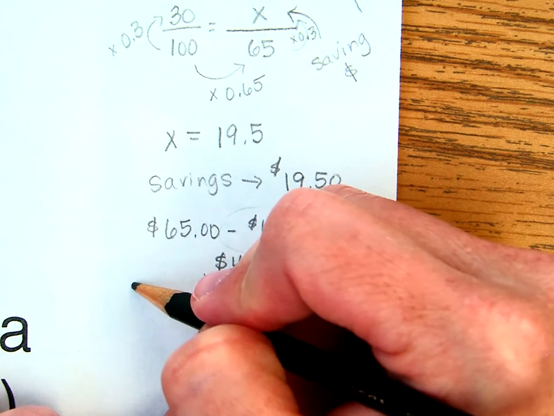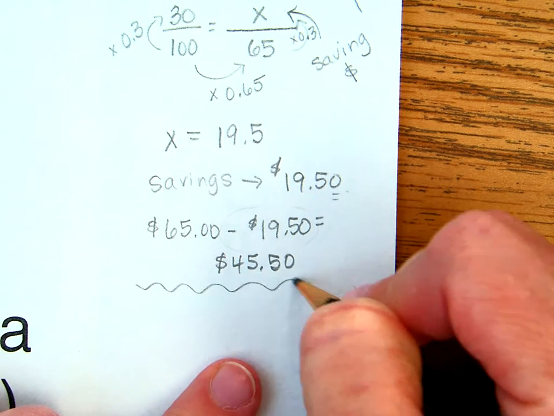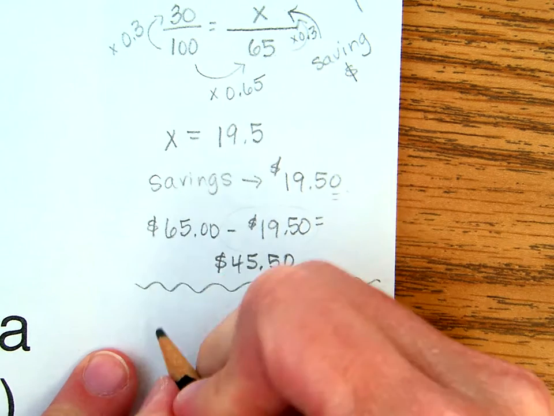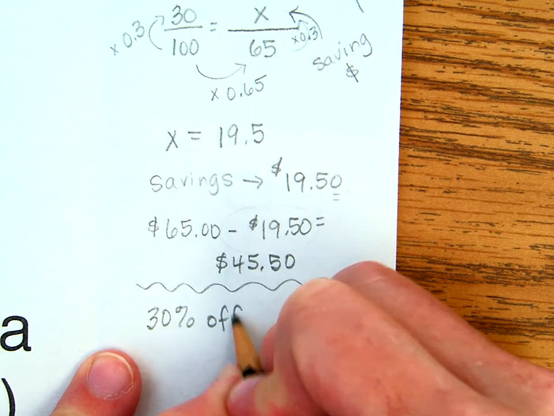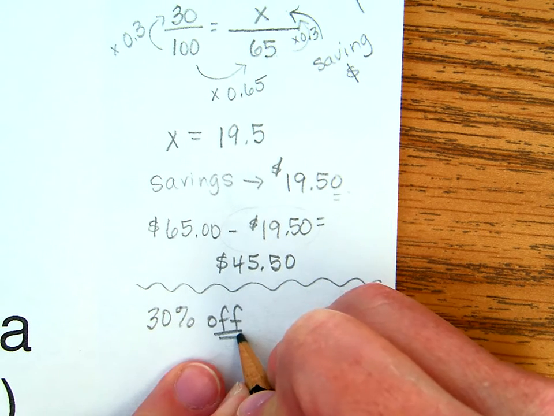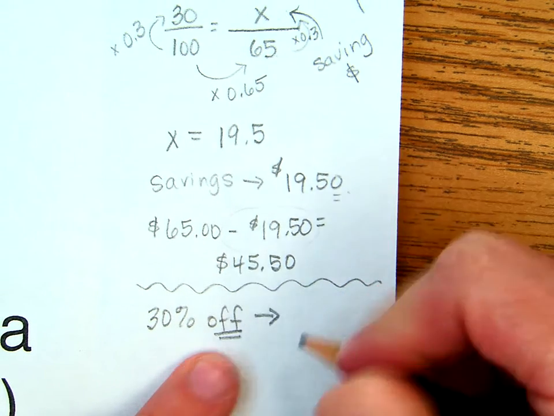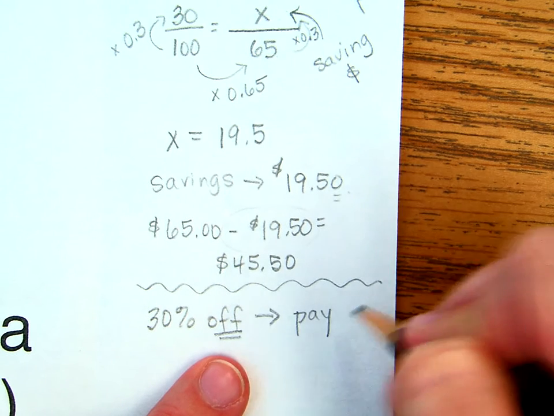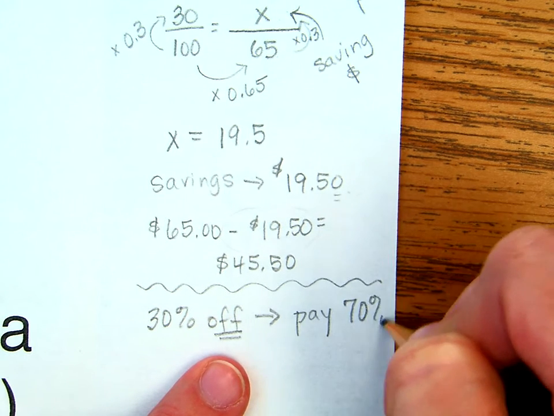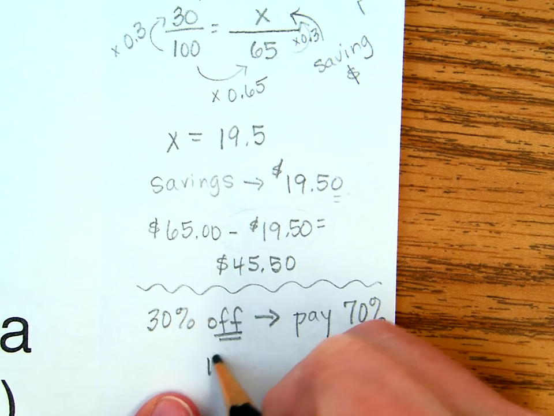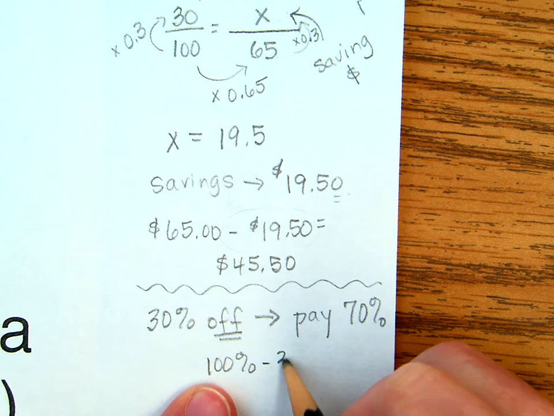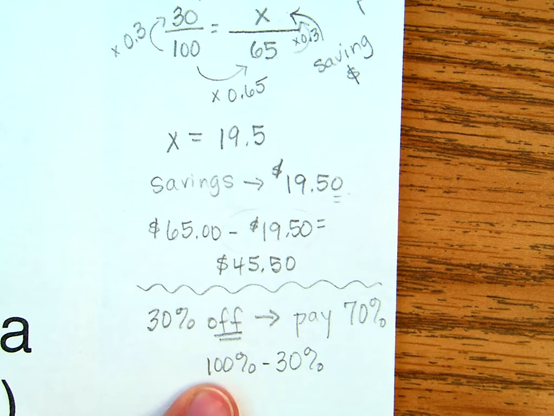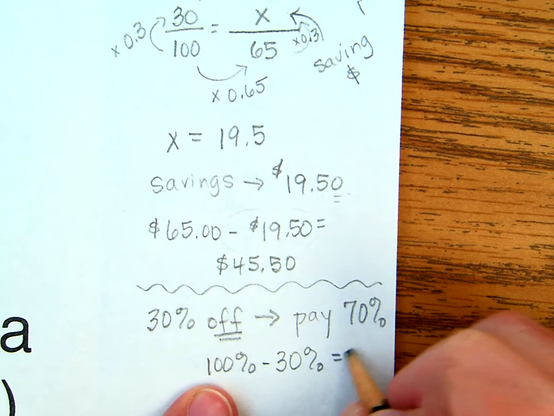But there's another way to look at this, and that is if you have a sale that's 30% off, then how much you have to pay is 70%, because 100% of the price is the original price minus the 30% savings gives you 70%.